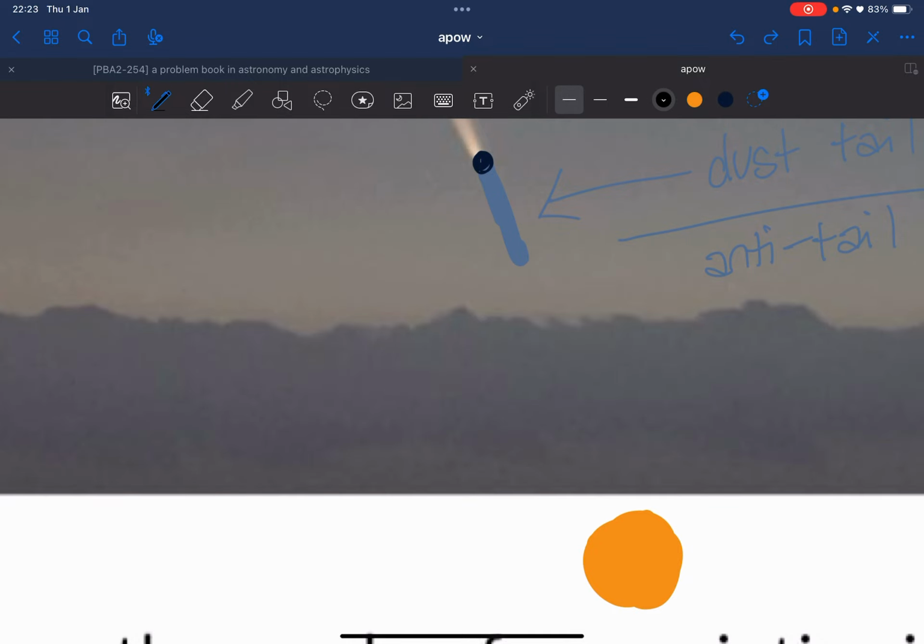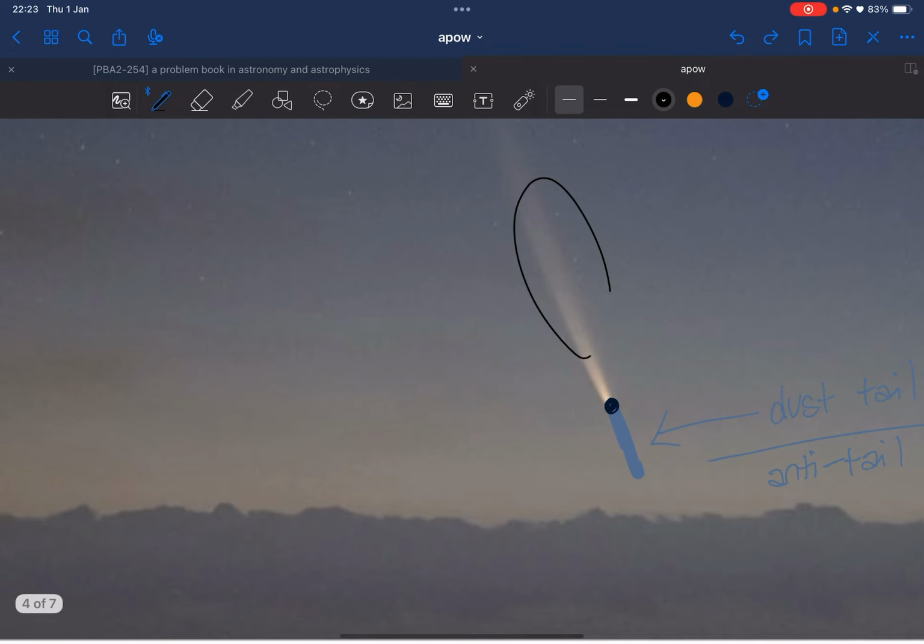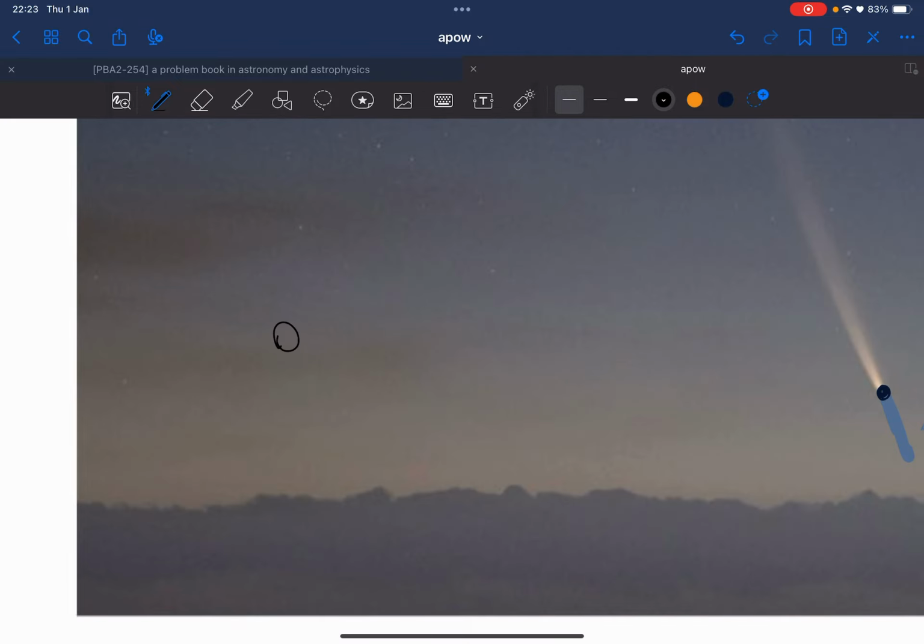Normally you have the nucleus and then you have the sun. The sun is doing solar radiation, all the photons and whatnot, hitting the asteroid. So as it ejects the dust, it actually goes back, and because they generally go back, you don't see the front.